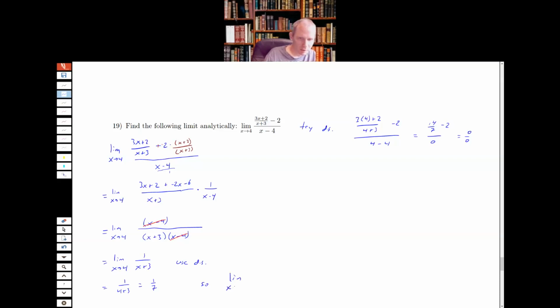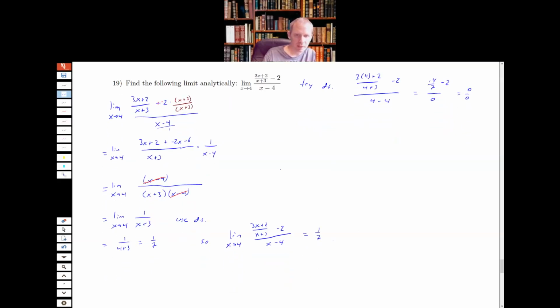So the limit as x approaches 4 of 3x plus 2 over x plus 3 minus 2, all over x minus 4, is equal to 1/7. Okay, so if you have fractions within a fraction, get a common denominator.